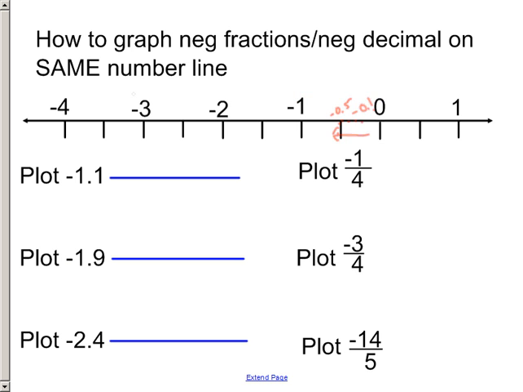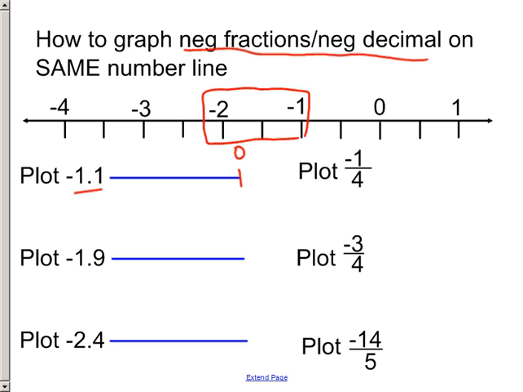So when we do negative fractions and negative decimals, I want you to start over here on the right side and put this as 0. And we want to do negative 1.1. What two numbers would it fall between? It's going to be between negative 1 and negative 2. So let's watch and see how this happens.